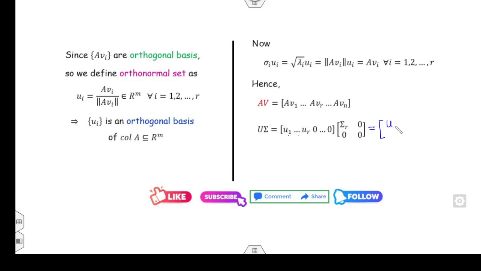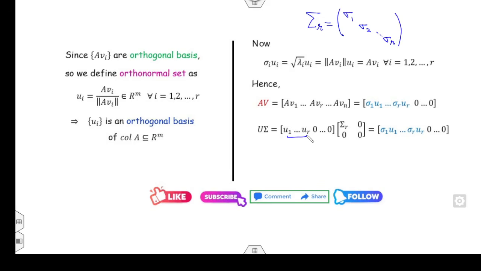That will be Ui sigma i, 0, 0, 0. Fine, that is a summation. Clear? So that number is itself defined as sigma 1 u1, sigma 2 u2, and so on. What is the value of sigma r? As I define, this is the diagonal entries corresponding to the singular values. And again, it is sigma r ur, so you can multiply them.